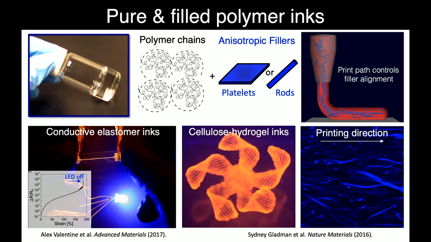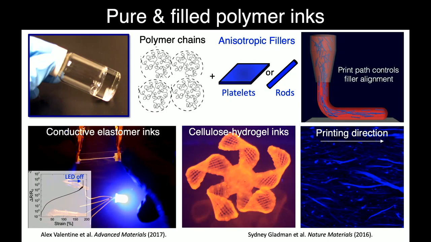Now, the other thing that we've been focusing on in our lab is pure and filled polymer gels. So these are inks where the structure is really to do with the fact that these polymer chains overlap and form physical entanglements that lead to this viscoelastic response. But then we can fill these materials with building blocks, in this case anisotropic fillers, and I'm going to highlight two examples.